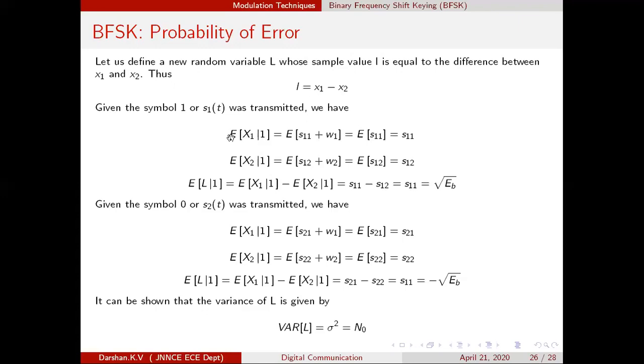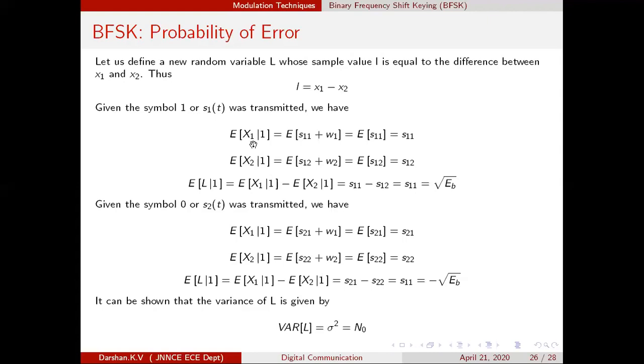Statistically, mean should be written as E. Here you should write the name of the random variable, not the value of the random variable. Therefore, it should be written in capital letters. So E of X1, what is the condition? The condition is symbol 1 was transmitted, or S1 of t.